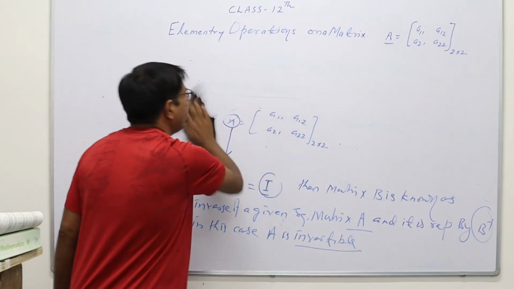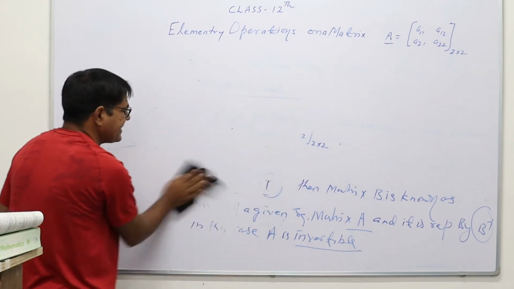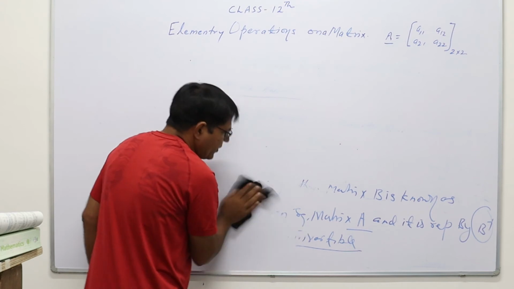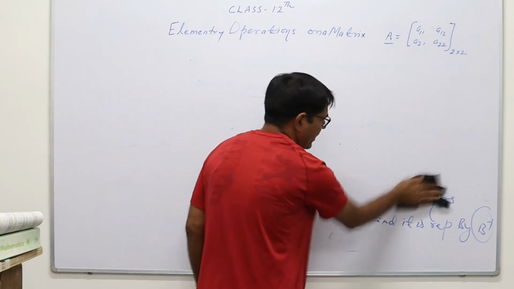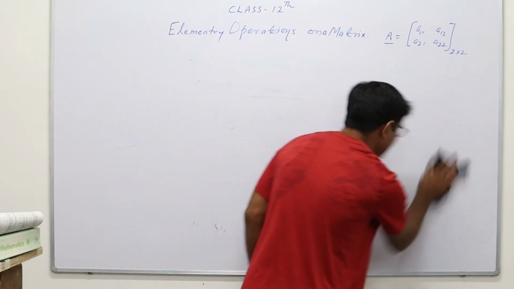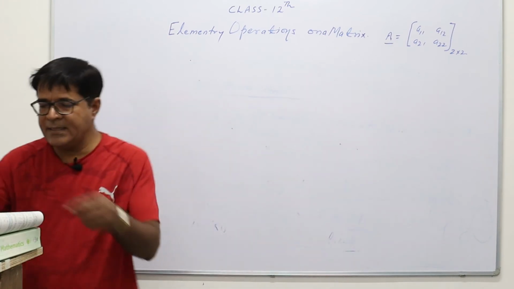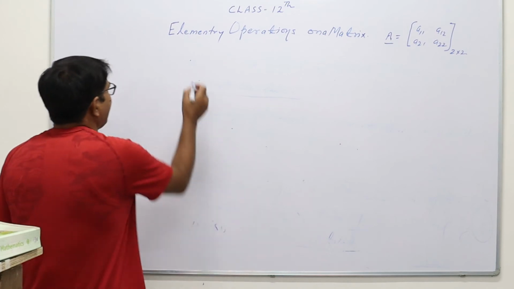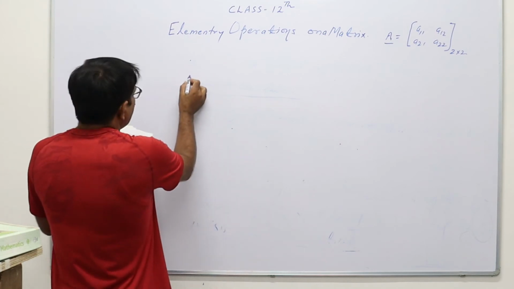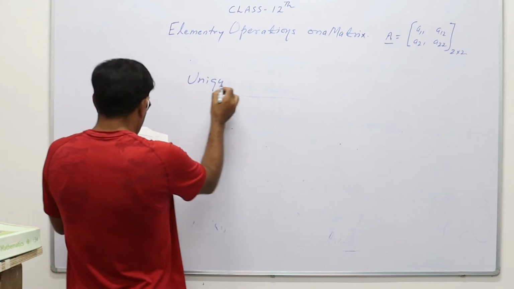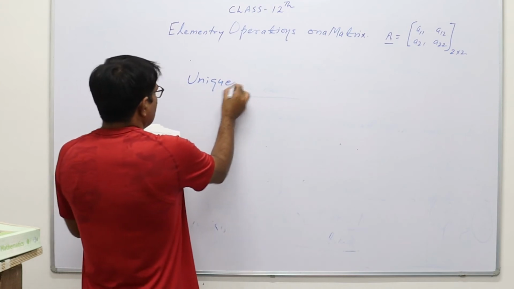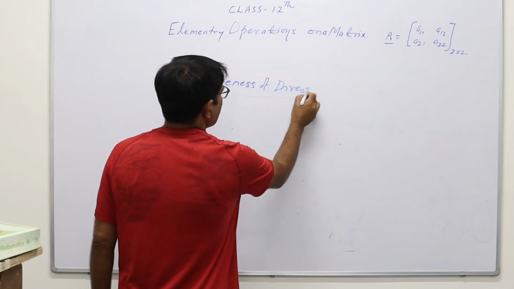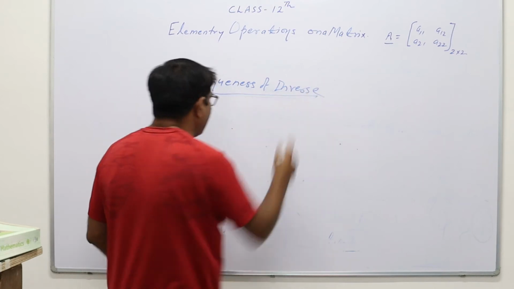The next topic is we will discuss two basic theorems. The first theorem is uniqueness of inverse. What do you understand by uniqueness of inverse? This is a very important topic.